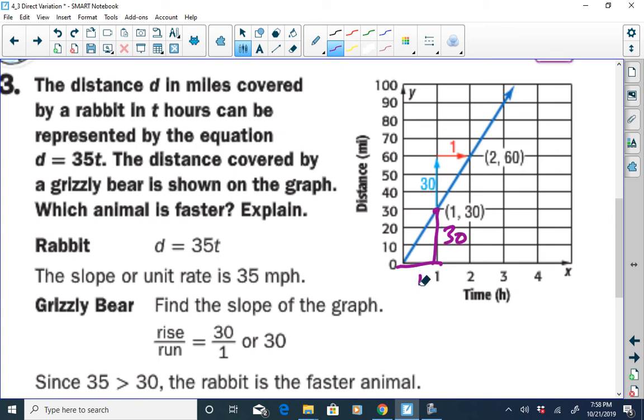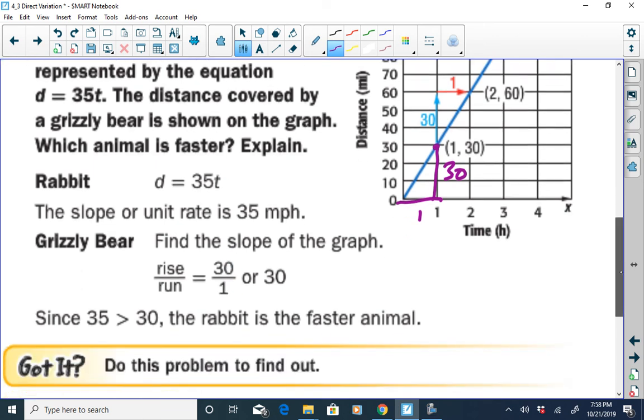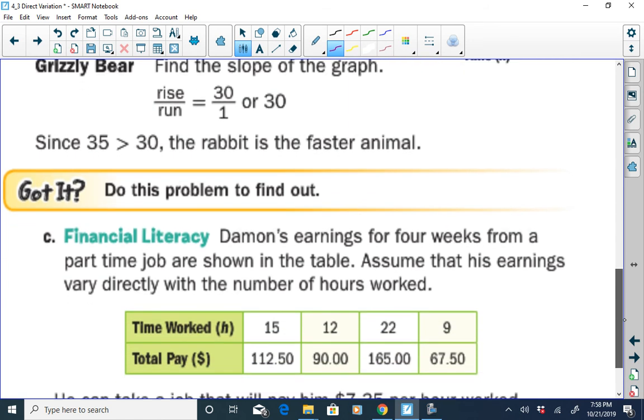My change in x here is 1. So the grizzly bear runs at a rate of 30 miles an hour, 35 miles an hour for the rabbit. So the rabbit is faster than the grizzly bear. 35 miles per hour is greater than 30 miles per hour.